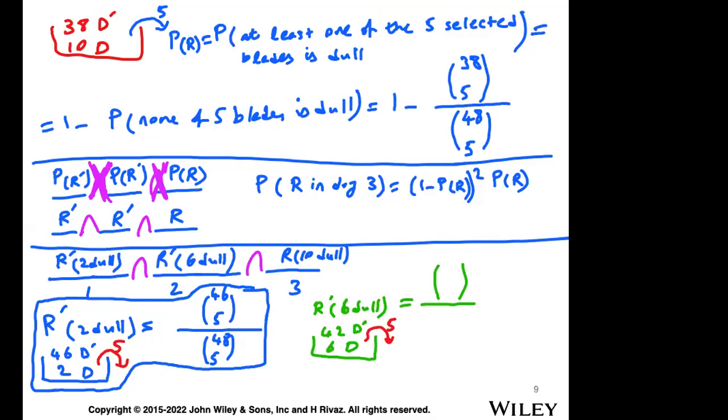Exactly. 42 choose 5. And what's the denominator? 48, yes. What's your name? Muhammad? Yeah, that's correct. 48 choose 5. There you go. So that's the second part.